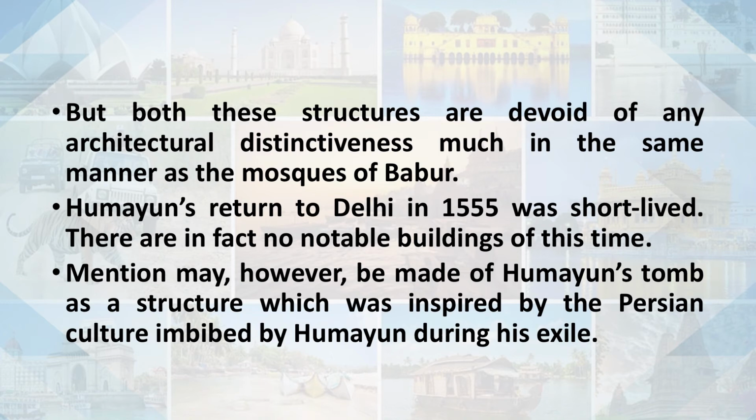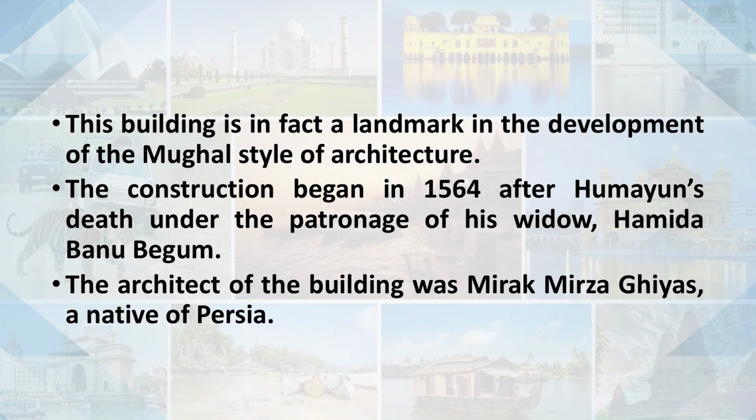Mention may, however, be made of Humayun's tomb as a structure which was inspired by the Persian culture imbibed by Humayun during his exile. This building is in fact a landmark in the development of the Mughal style of architecture. The construction began in 1564 after Humayun's death under the patronage of his widow Hamida Banu Begum.